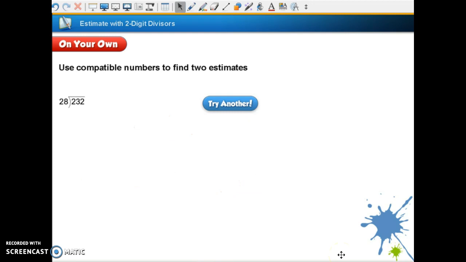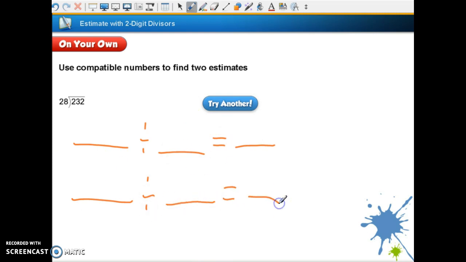Okay, this is number 9 at the top of the on your own. And I would again draw my lines, and I would say divided by and equal. And I would round 28 to 30, because that's the closest 10 number. And then I would count my multiples of 3 until I get to something that's close to 23.